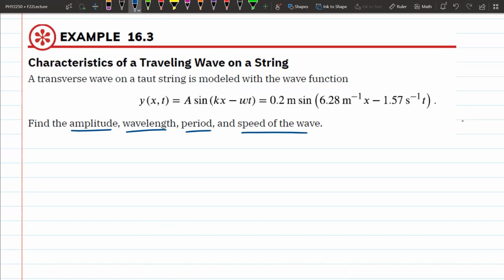So how are we going to find that? This A is representing the amplitude, so what on the right-hand side here would represent that A?